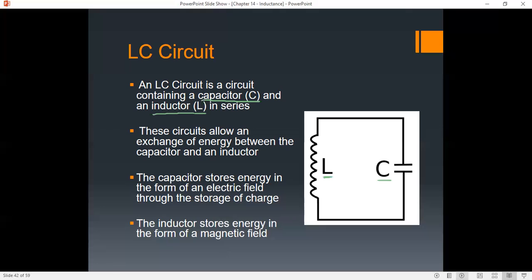Now, the big thing again is this oscillation, which goes back and forth, where energy is swapped between these two objects. Again, just to remind you, our electric field stores energy in the capacitor, where a magnetic field will store energy in the inductor.